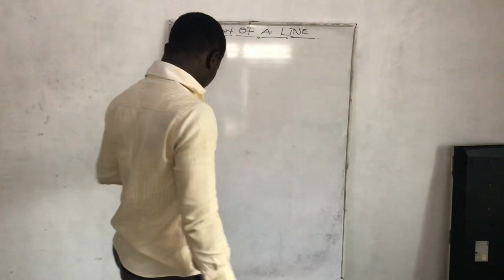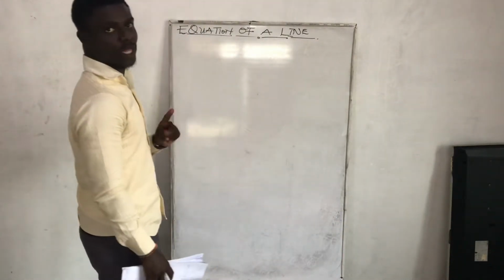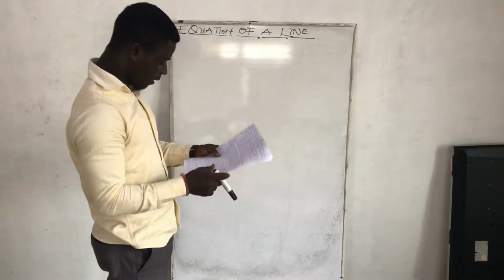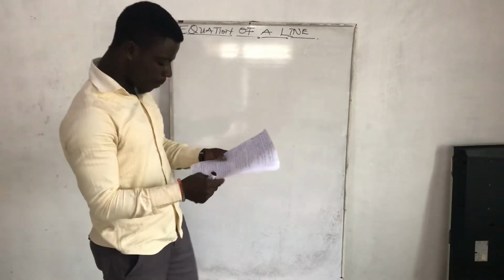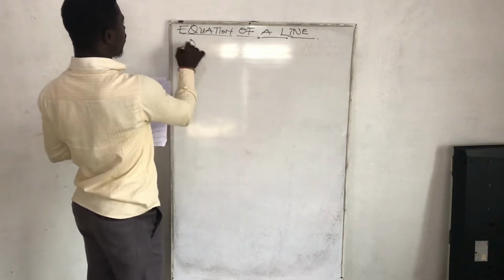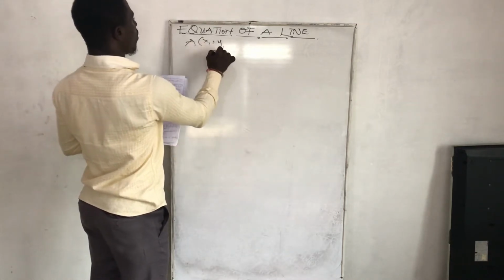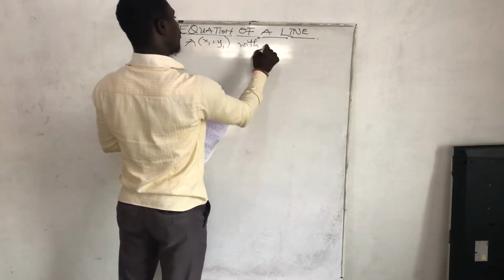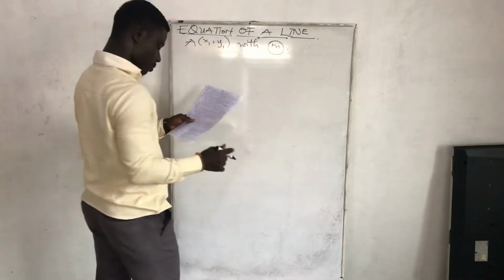Alright, so in this video we'll be considering the equation of a line. Consider a line through the point A, x1, y1, with gradient, let's say m.